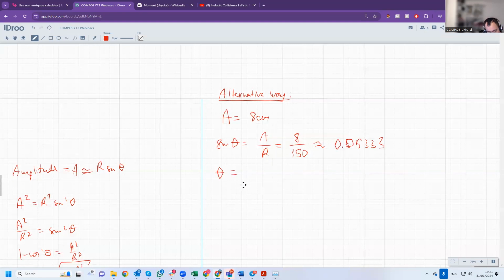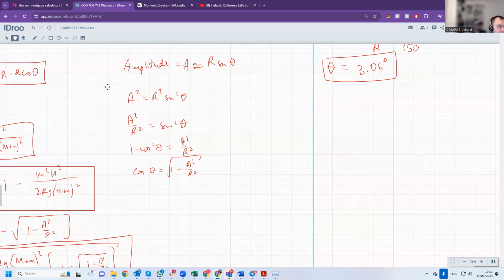So that means the angle is 3.06 degrees. That's the angle at which the pendulum swings. It's the angle of the swing of the pendulum.